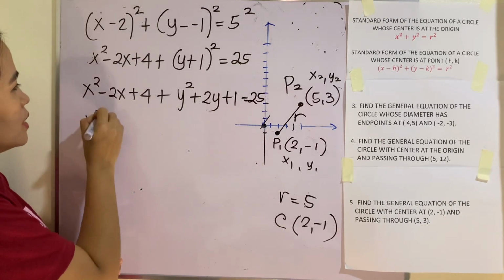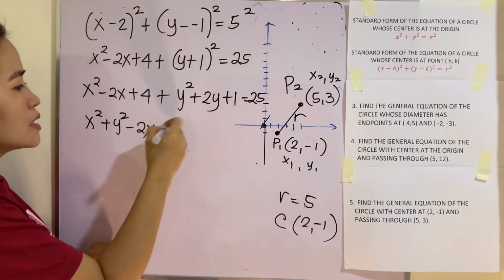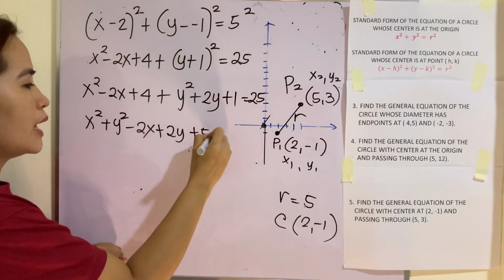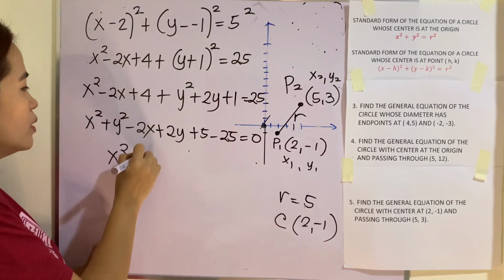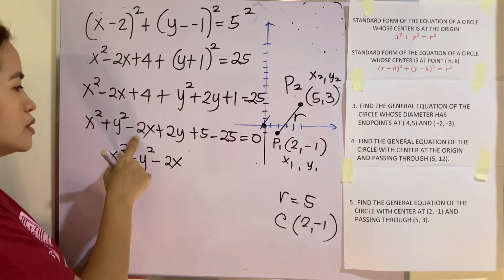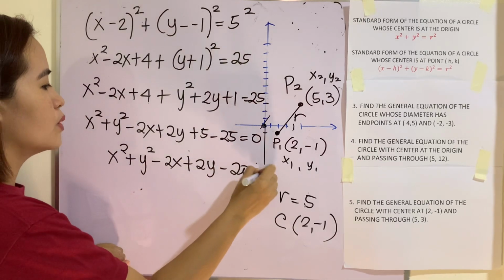So this is x squared plus y squared minus 2x plus 2y, the constant plus 5 minus 25 equals 0. So the general form of the equation of the circle is x squared plus y squared minus 2x plus 2y minus 20 equals 0.